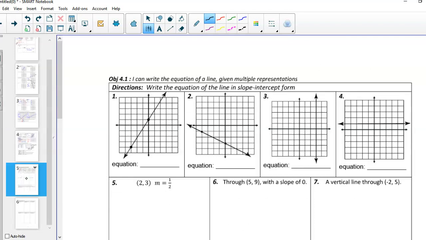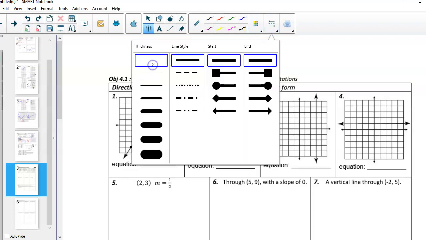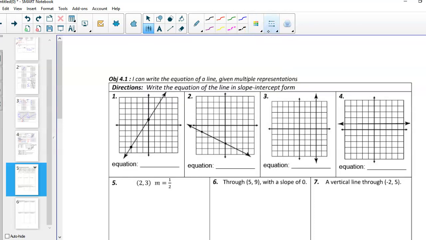On to the next. So we'll do one of these and then move forward. Do we want to do 1 or 2 and then 3 or 4? Two and then 3 or 4. It doesn't matter.